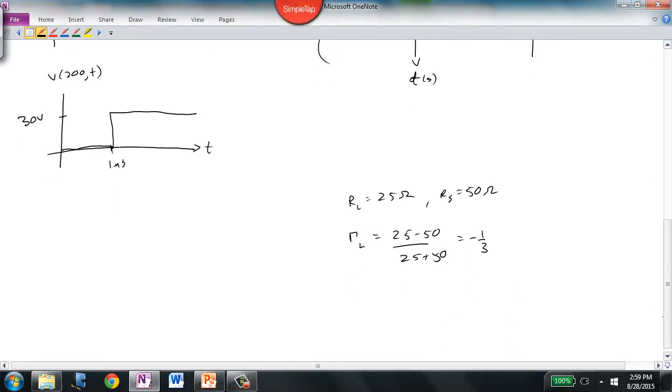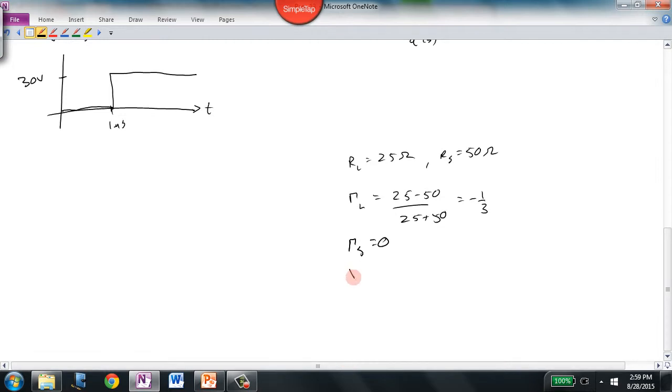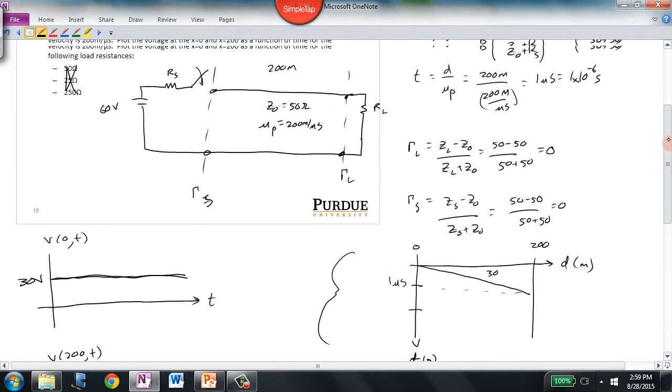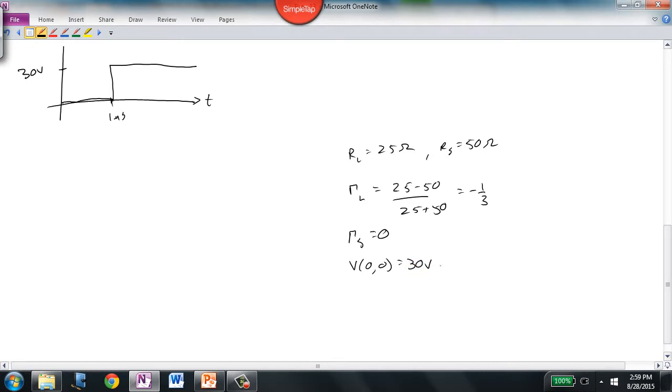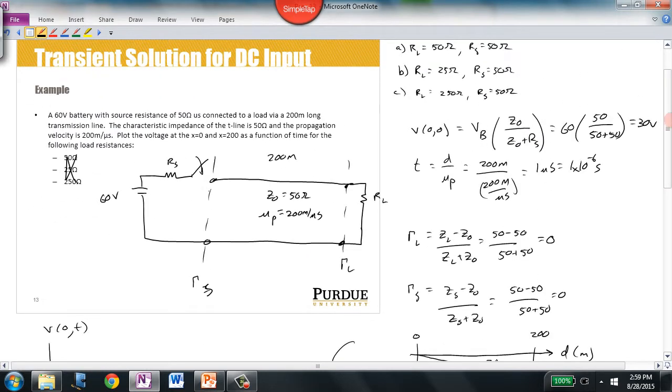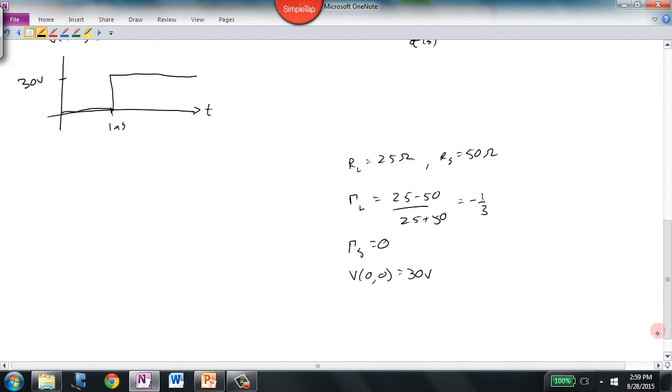The reflection coefficient at the source hasn't changed. It is still 0, and the input voltage hasn't changed. V of 0, 0 is equal to 30 volts. This hasn't changed because we didn't change the source resistance or the battery voltage, and the characteristic impedance has stayed constant.